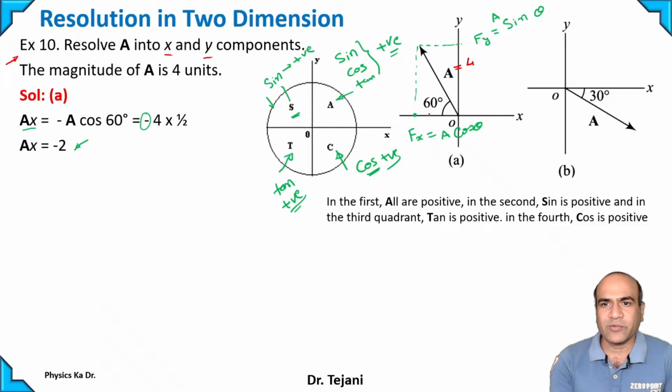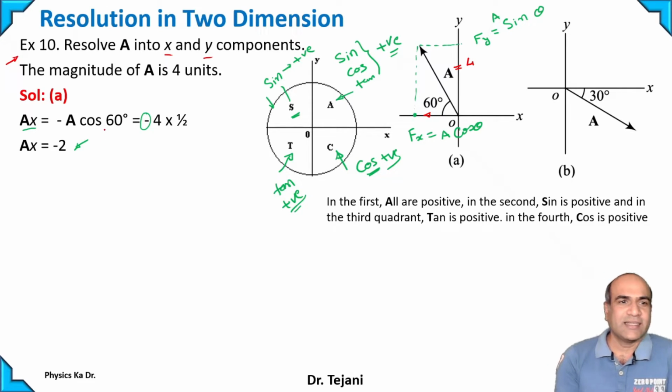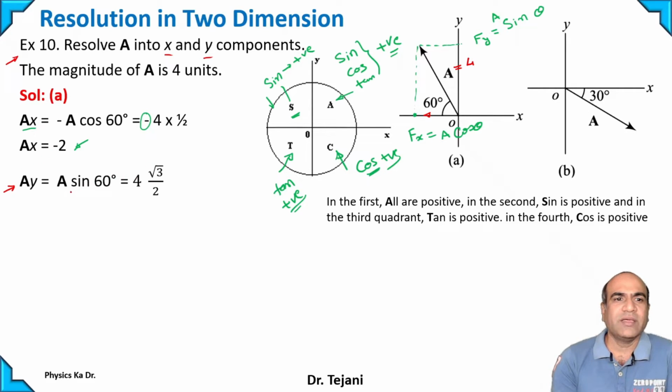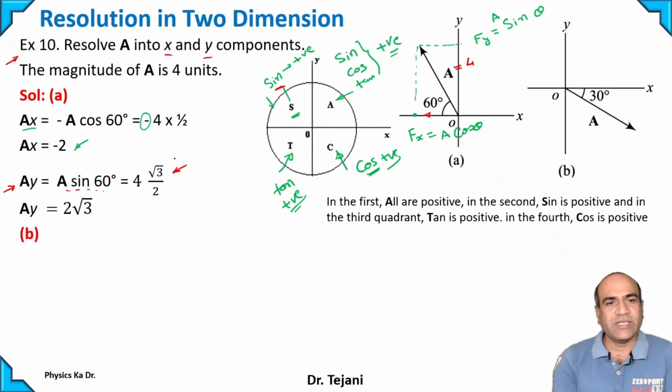Similarly for y, what will it become? A sin theta. In the second quadrant, sine is positive, so the value is positive, and sin 60 is root 3 by 2, so we get 2 root 3.